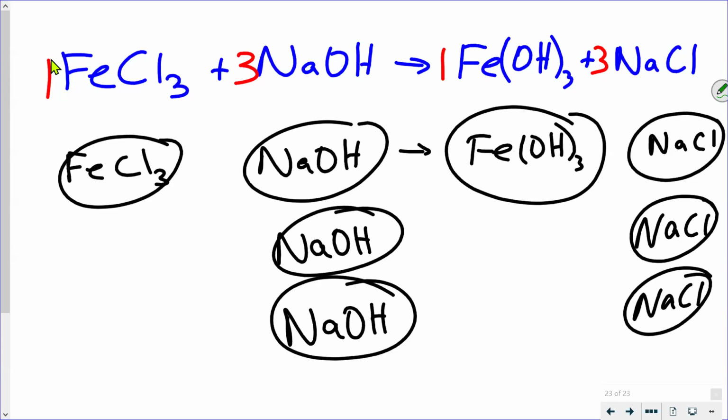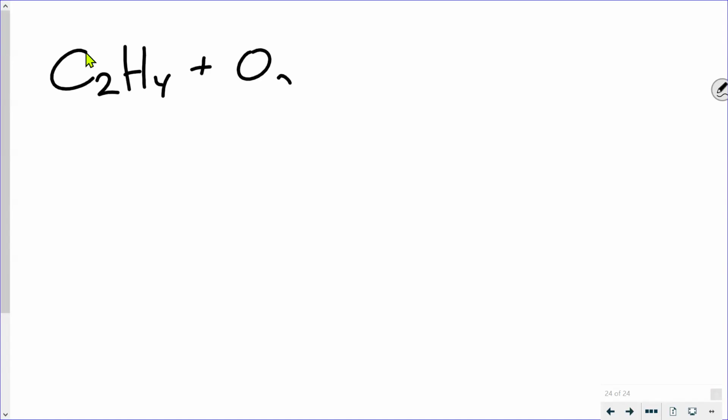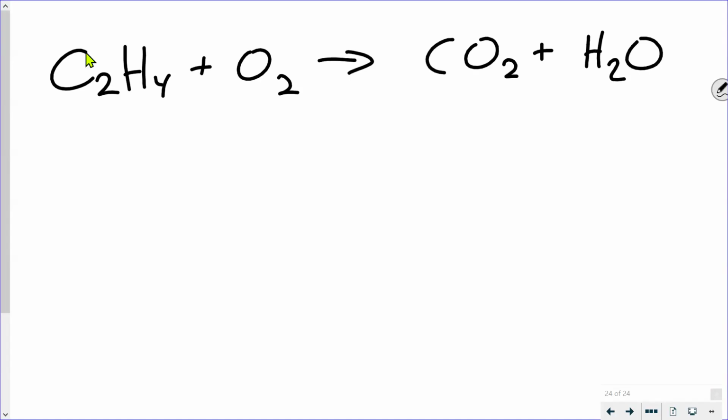All right, so let me show you a combustion reaction. C2H4 plus O2 yields CO2 plus H2O.